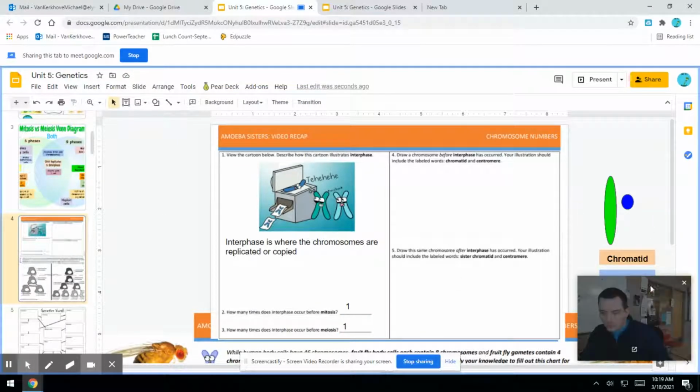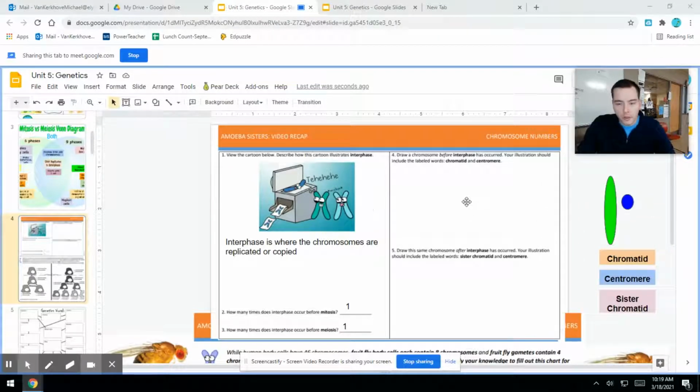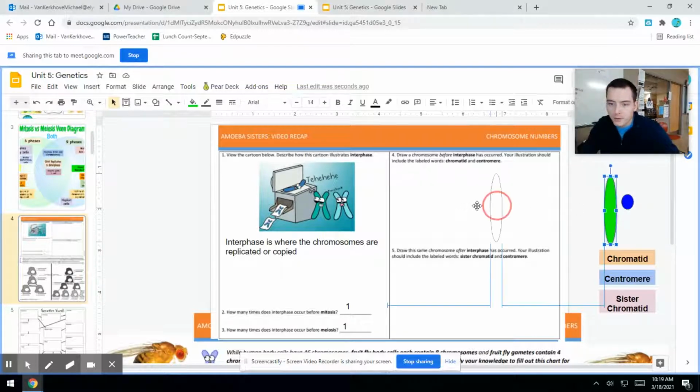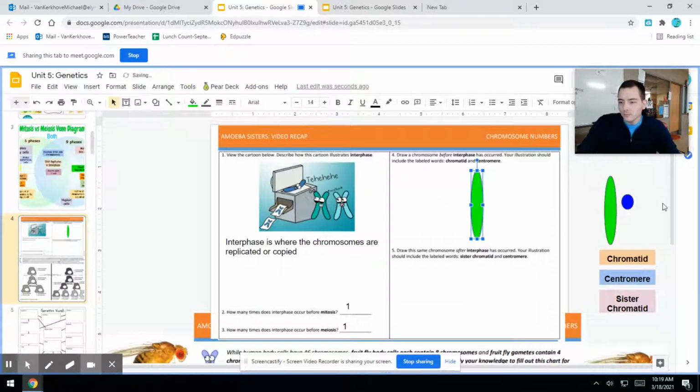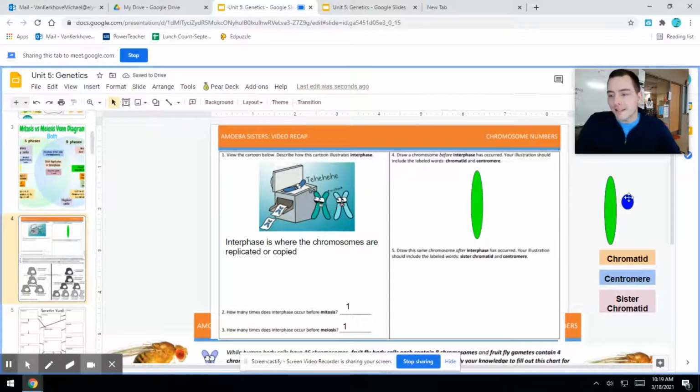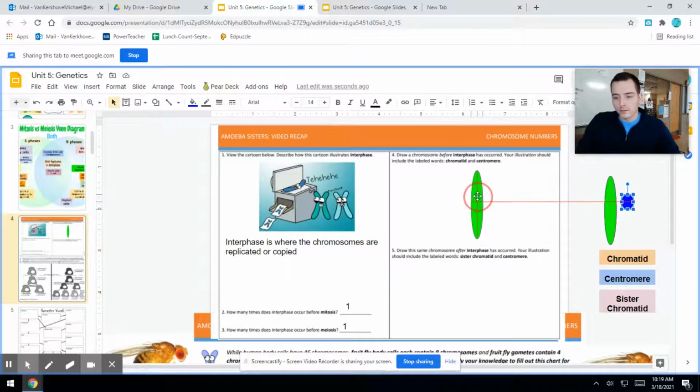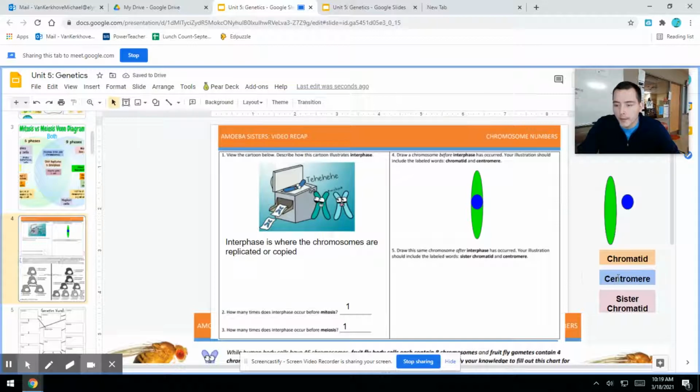So number 2 wants us to, or number 4, draw a chromosome before interphase. Label the chromatid and the centromere. So here's my chromosome. The centromere is in the center. Centromere in the center. And then we can label it.